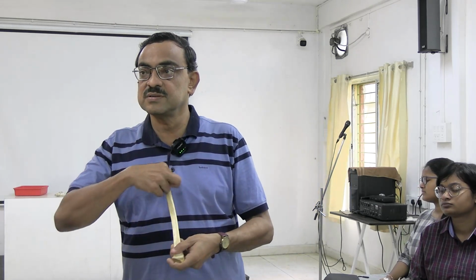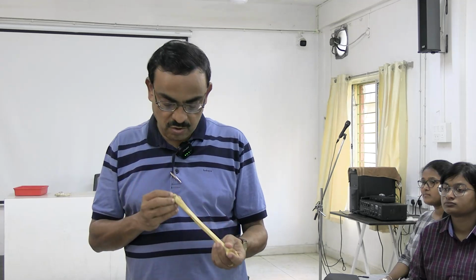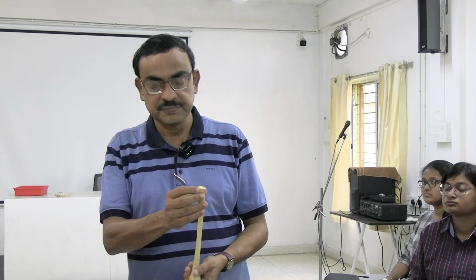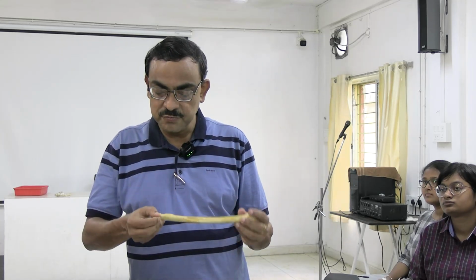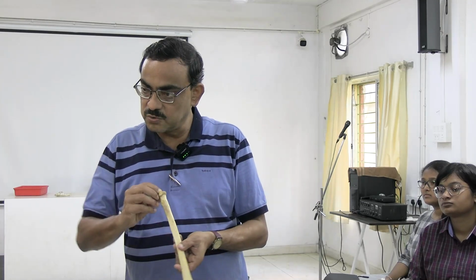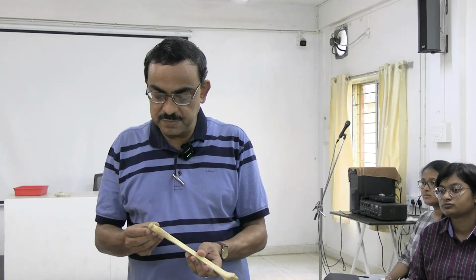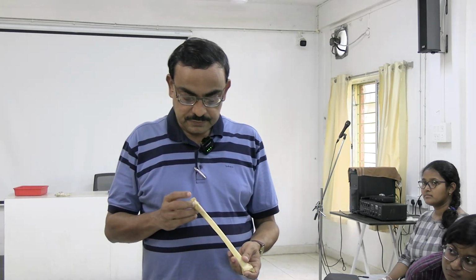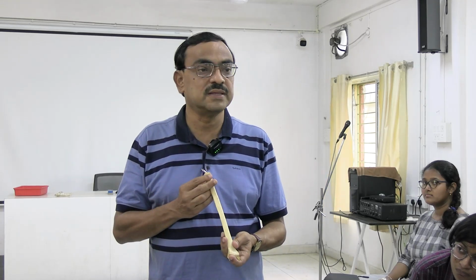It is rounded and the peripheral rim is broader medially. This is the head as a whole. You can see the peripheral margin which is broader on the medial side. Following the head we get the neck. The constriction is the neck.